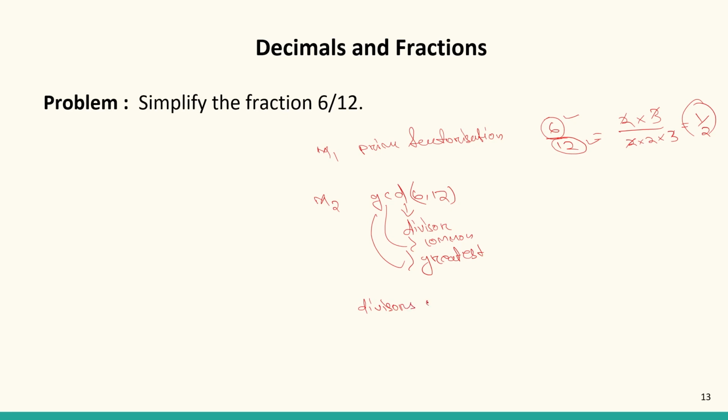Divisors of 6 are 1, 2, 3, 6. And divisors of 12 are 1, 2, 3, 4, 6 and 12 itself. So we need to find the common ones. 1 and 1, 2 and 2, 3 and 3, and then we have 6 and 6. So this is the greatest.